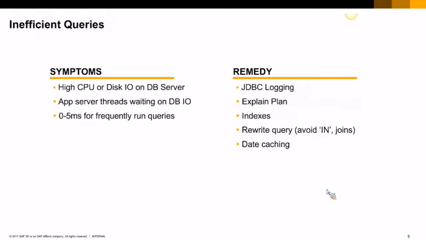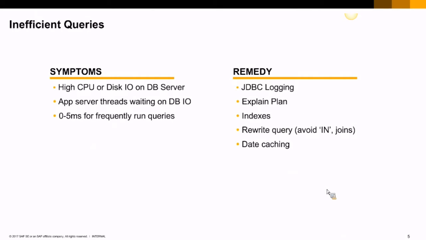Another typical issue, which is actually not specific to Hybris but applies to any application where we use a relational database, is that we can see sometimes that the database is overused, with high CPU and a lot of I/O on the database. On the application server, there are a lot of threads waiting for the queries to be returned. When you see this, our recommendation is to activate the JDBC logging that is available through the HAC.